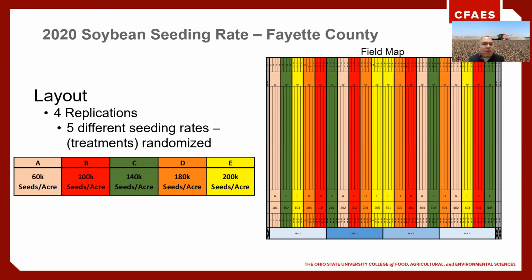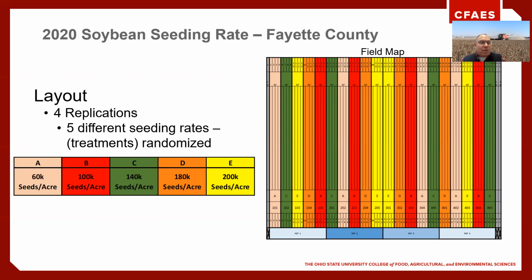Prior to going to the field, there's some planning that needs to be done, and it's good to have everything listed out so that you know exactly what the planter settings need to be. I like to use a color coding system so that there's no question once you get to the field. This is just a basic Excel sheet that we utilized to come up with the planting width for each of our different seeding rates.